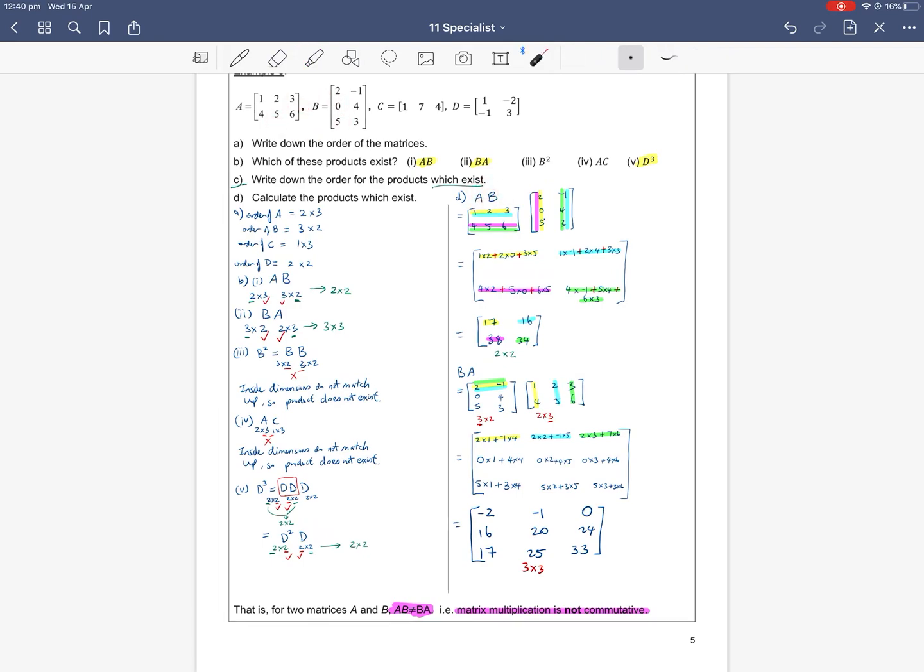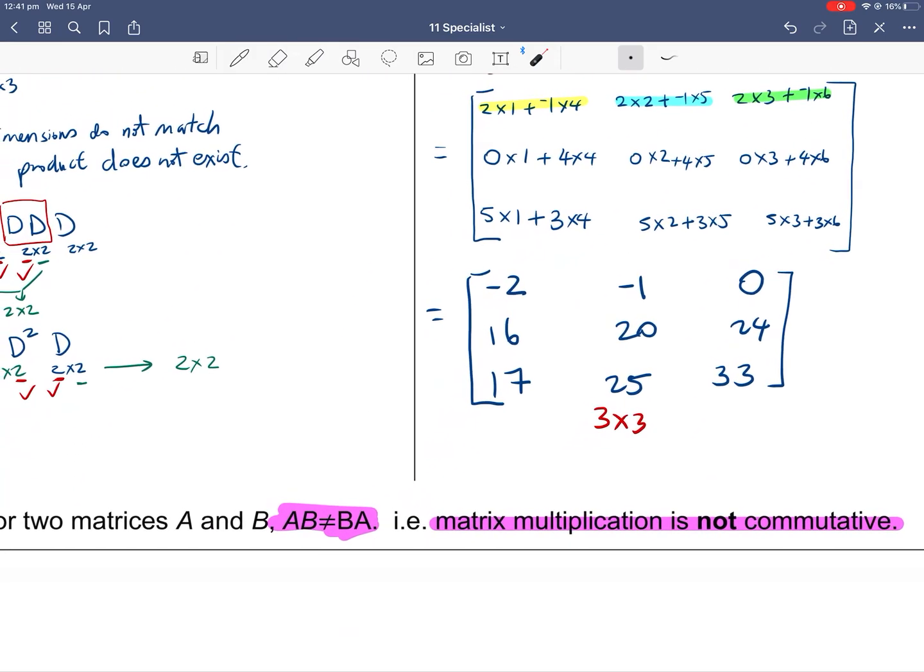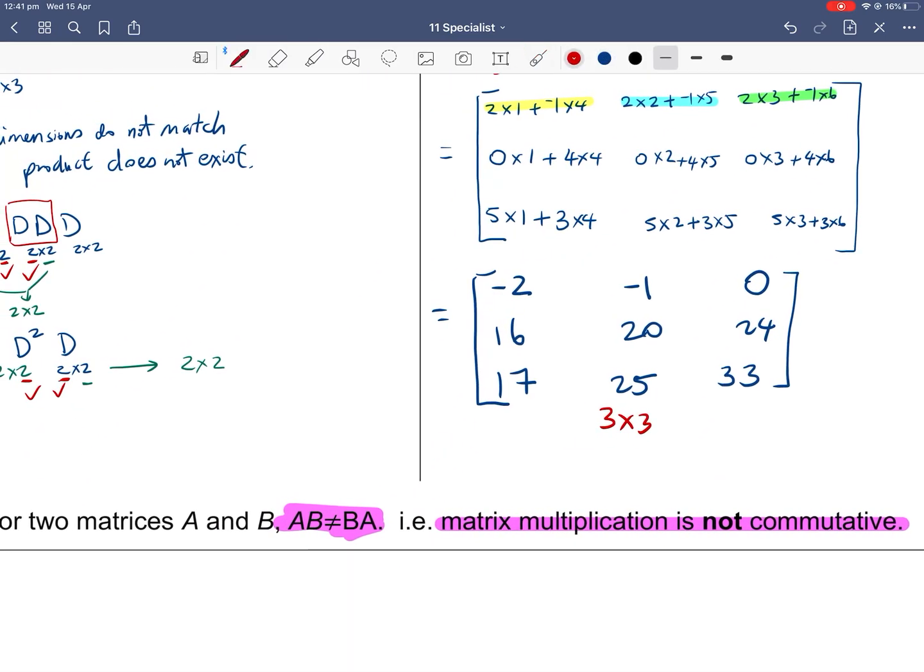A times B, so A and B were the same matrices, right? We didn't change A and B. But A times B gave us a 2 by 2, whereas B times A gave us a 3 by 3. And clearly a 2 by 2 and a 3 by 3 is not the same matrix. So A times B is not necessarily the same as B times A, so you can never swap the order of multiplying.